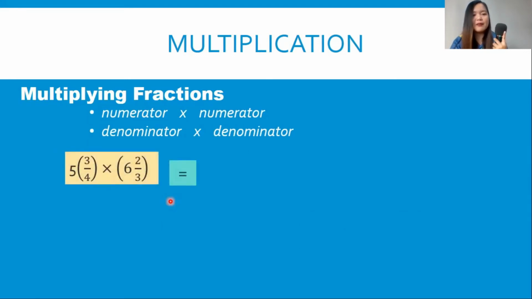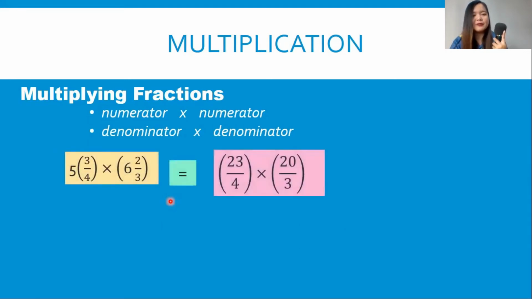Again, another example is this one. If we have a mixed number, change that first to an improper fraction. For example, this one is 23/4 because 4 times 5, that's 20, plus 3, 23.